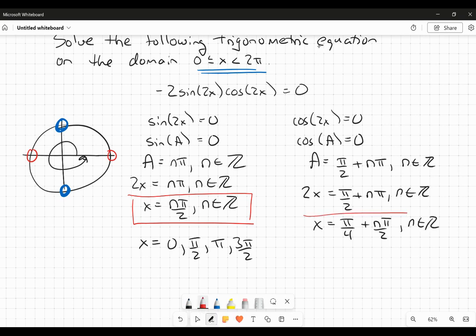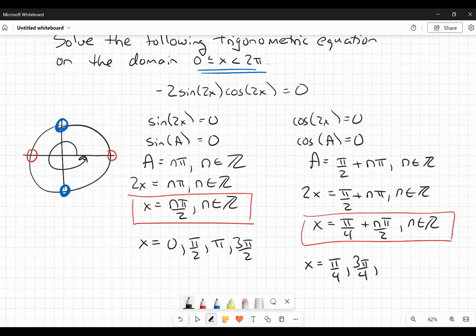And now again, I have a little engine for producing all of the possible solutions that I want. I don't want negative angles. I'm not going to plug in negative values for n, because as soon as I do, I'm going to get negative angles here. But I can start by plugging in a 0, and that will get me pi over 4. Okay. If I let n go to 1, I'm going to get pi over 4 plus pi over 2. Just a little bit of arithmetic there, and you'll see that that's 3 pi over 4.